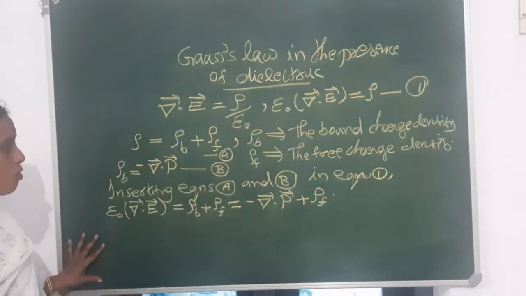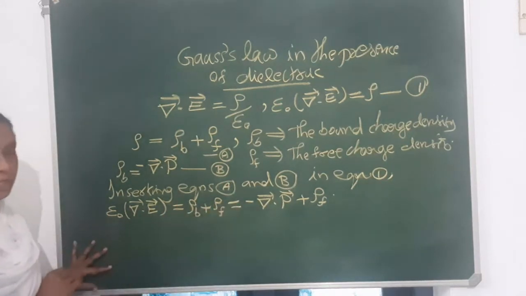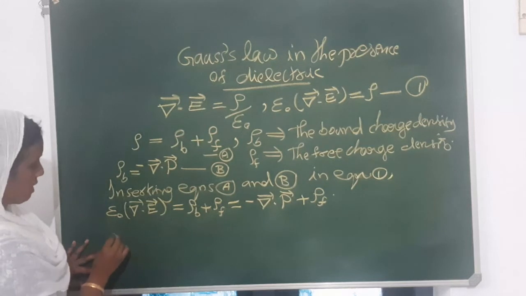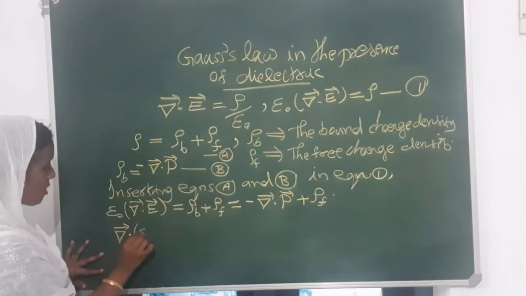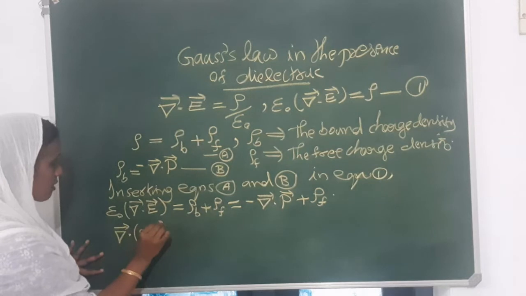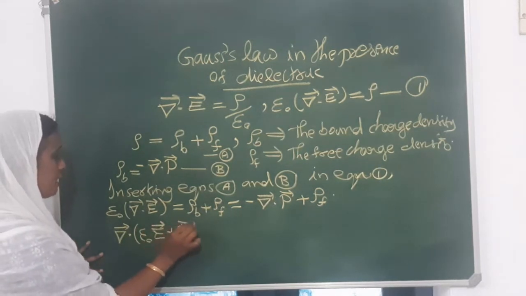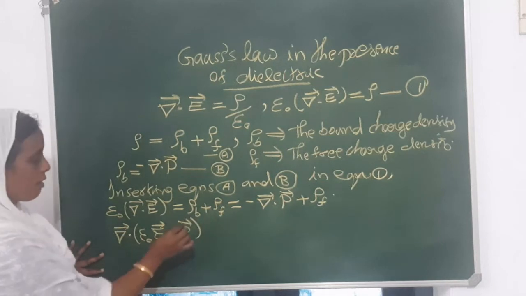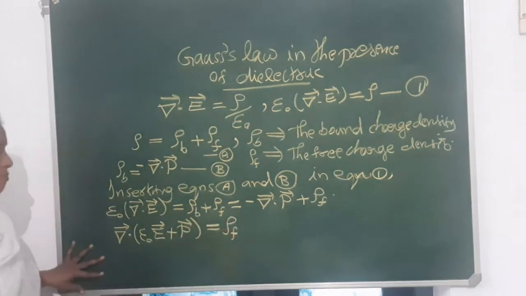Now we can write these two divergence terms together. That means the next step you can write this as divergence of epsilon 0 E plus polarization P is equal to rho f.